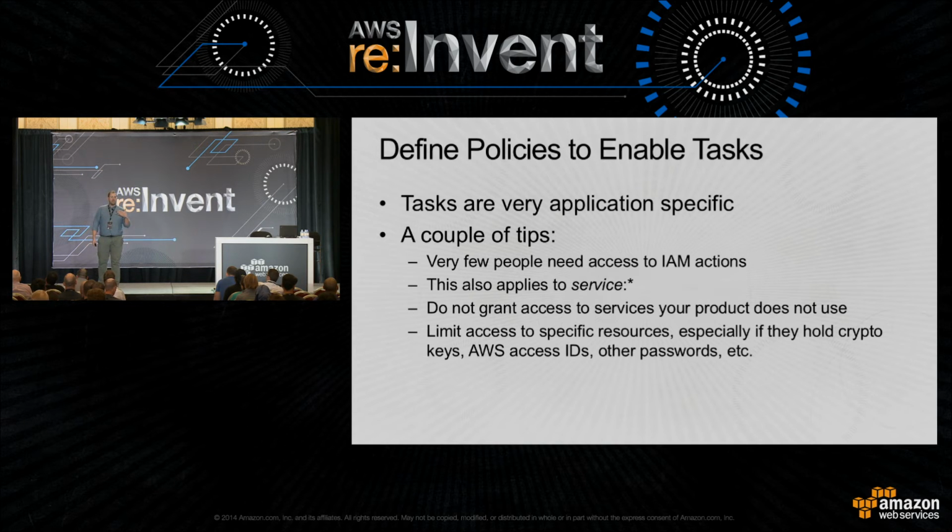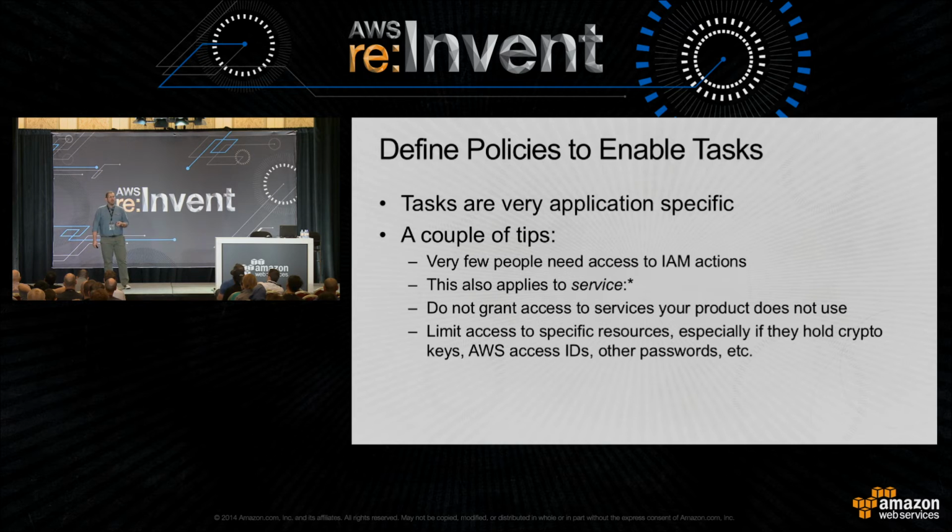Maybe a support person has to be able to go into the debug output bucket in S3 and pull down log files in order to delve into a problem. Both of those people definitely don't need to be able to read the configuration bucket, but maybe the impossible problem solver does.